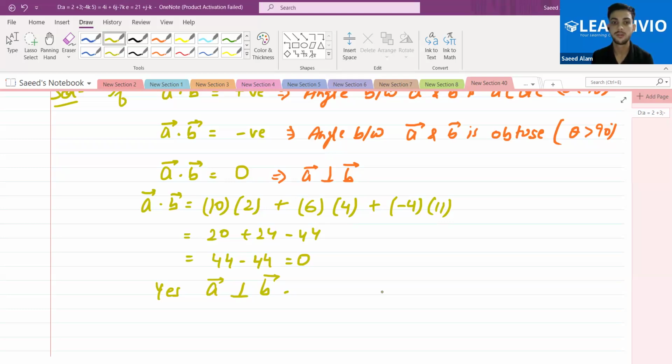If it is positive, the angle between them is acute. If the dot product is negative, the angle between them is obtuse. If the dot product is 0, the angle between them is 90 degrees. Yes or no?